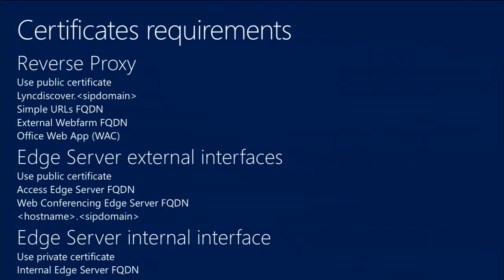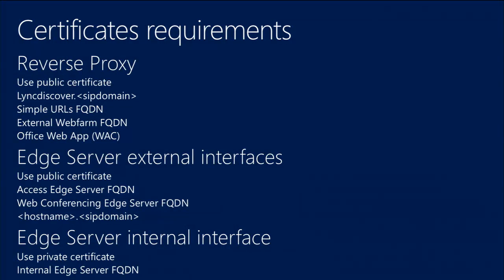The reverse proxy will be the launching point for Lync Discover, your simple URLs, your Meet, your Dial-In, and so forth. Your external web farm FQDN, right? When you define this in Topology Builder, you'll give it what that URL is. That's the URL that we use to access things like address book services, the Lync web app, and so forth, distribution group expansion. You also need a cert name for the Office web app farm, right?